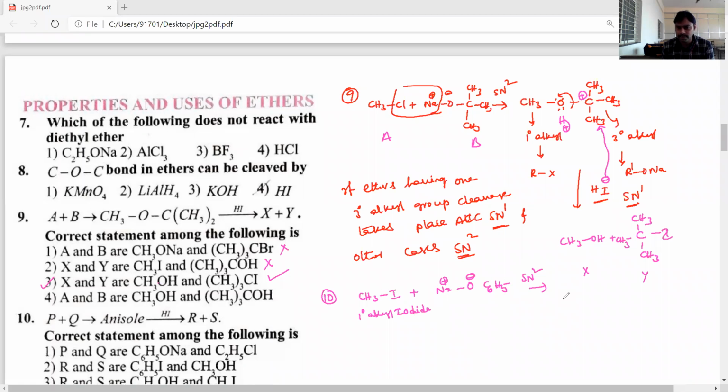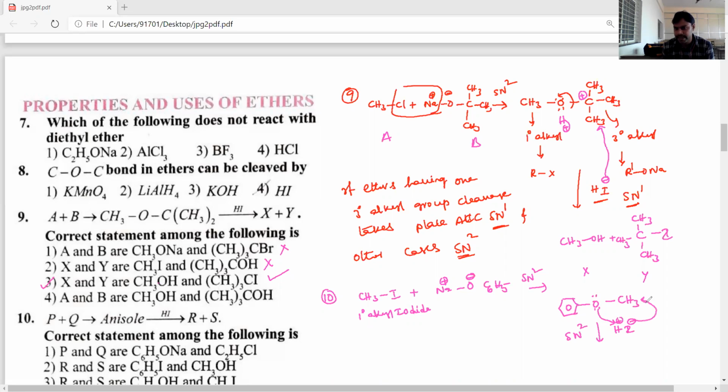Now the product is anisole, C6H5-O-CH3. This anisole is treated with HI. Again, cleavage. The lone pair of electrons on oxygen first attracts the H plus ion. Then this cleavage takes place by the SN2 mechanism.